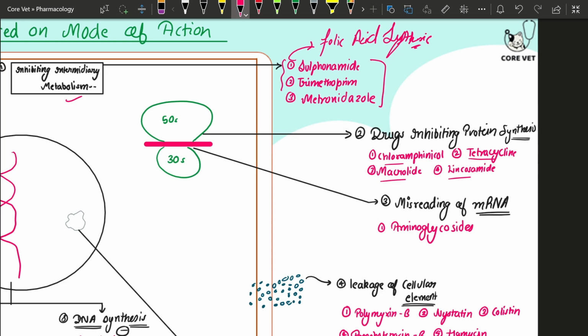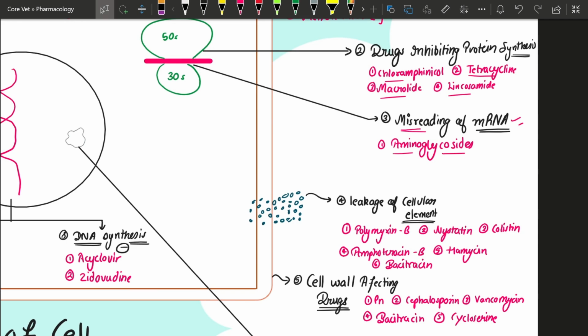These classes of drugs inhibit protein synthesis by acting on the ribosomal complex. Or there may be a misreading of the mRNA, which is generally caused by the aminoglycoside class of drugs.